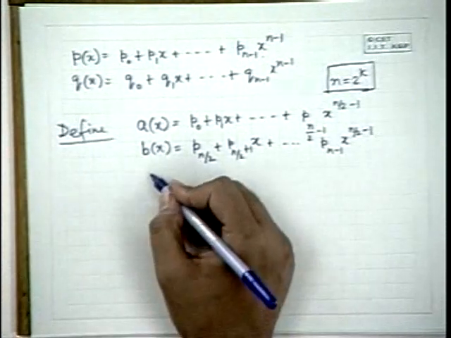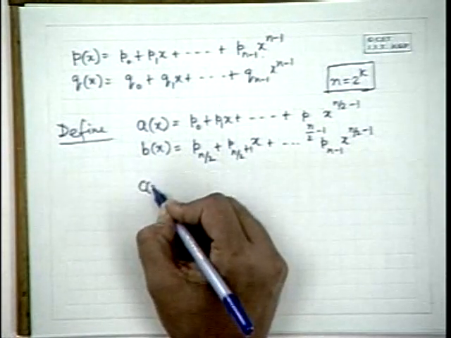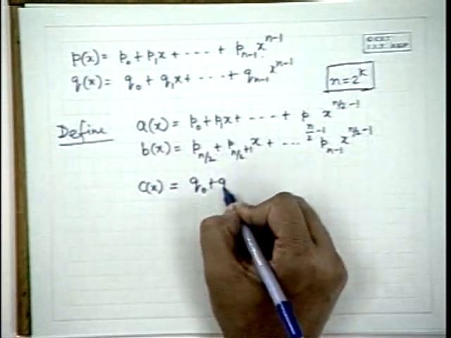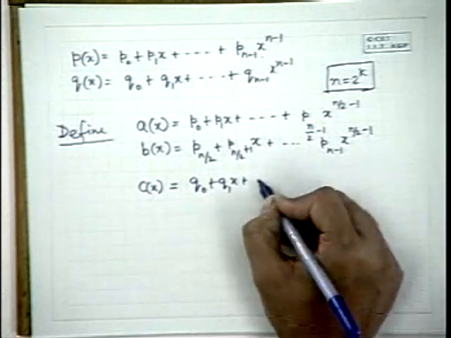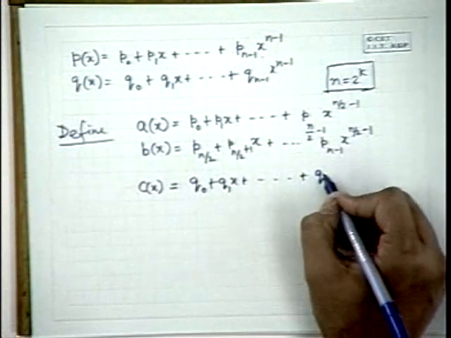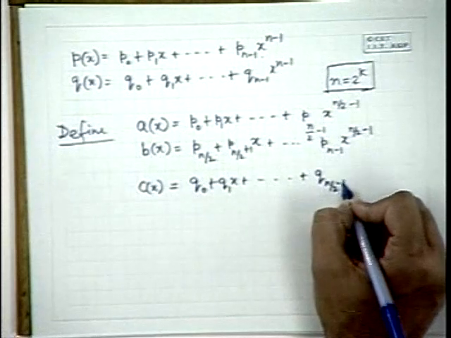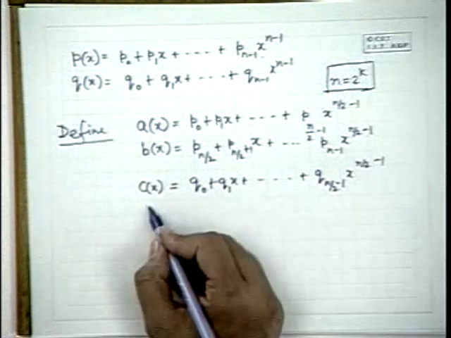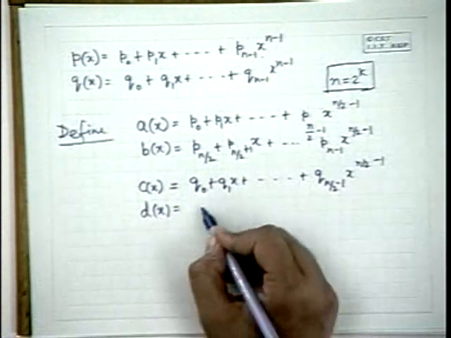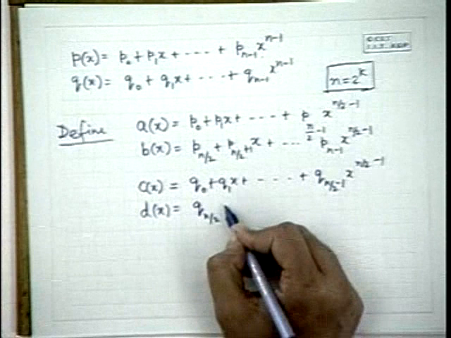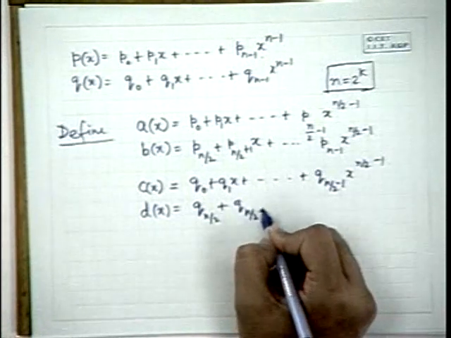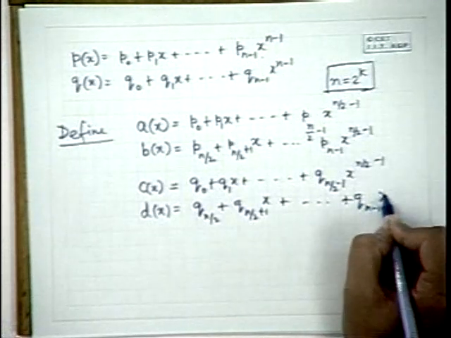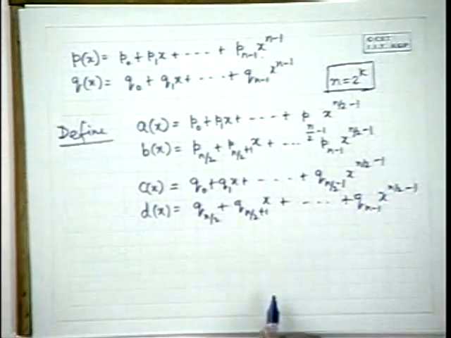Similarly, for qx we split into two parts. Cx is equal to q0 plus q1x plus up to q n over 2 minus 1 x to the power n over 2 minus 1, and dx is similar: q n over 2 plus q n over 2 plus 1 x, and it goes up to q n minus 1 x to the power n over 2 minus 1.